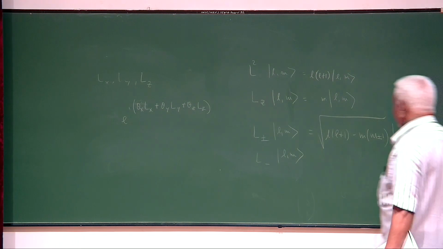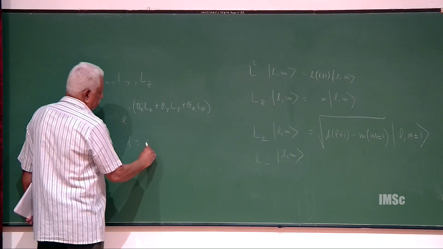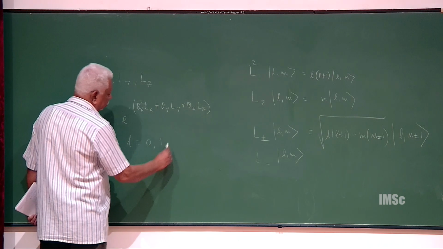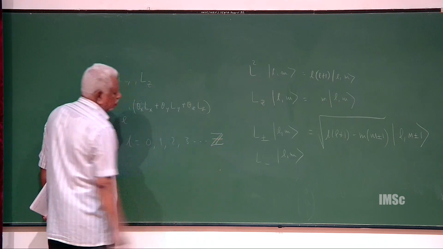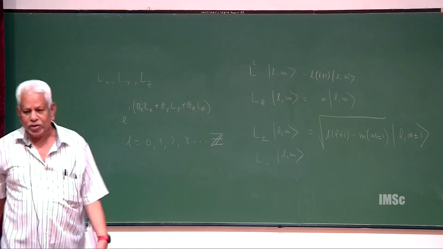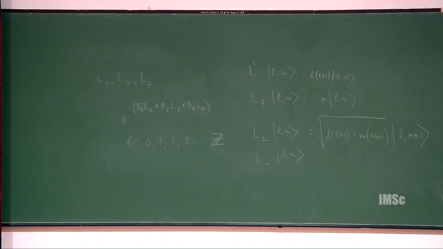Now, the value of L is 0, 1, 2, all integers. In mathematical notation, that is the Z people write. Okay, the integers, any value you like, you have the matrix. That is why in the hydrogen atom the same thing is coming.